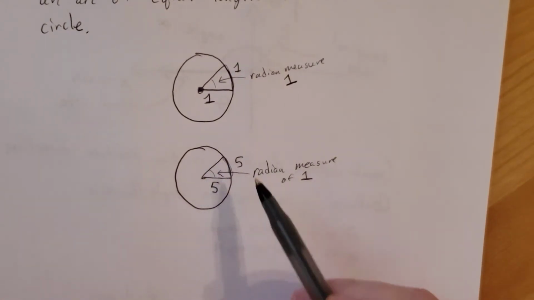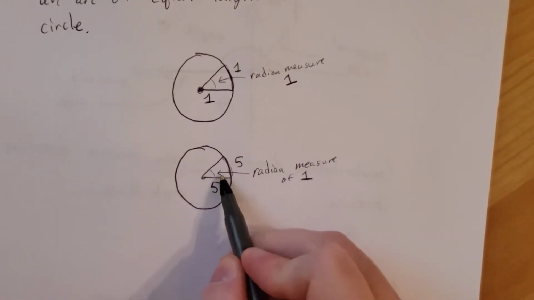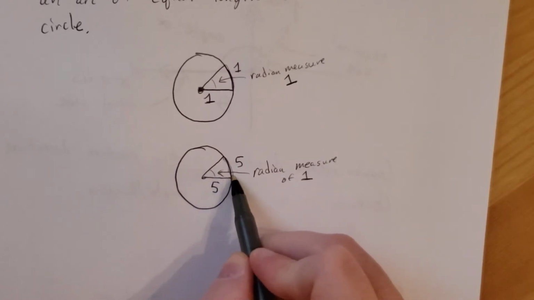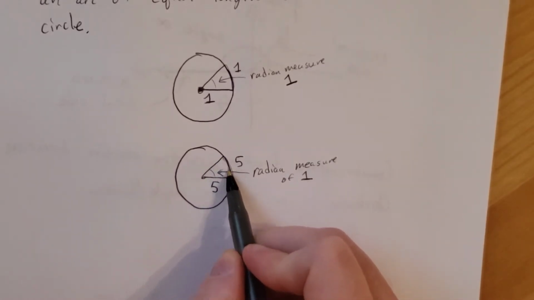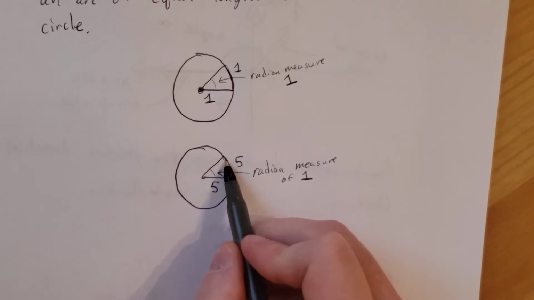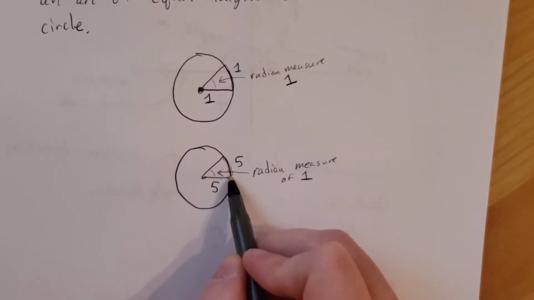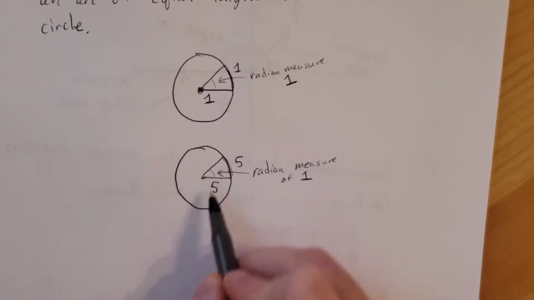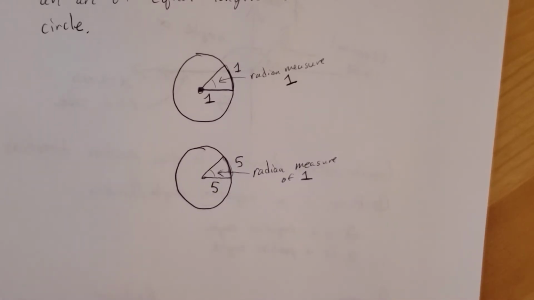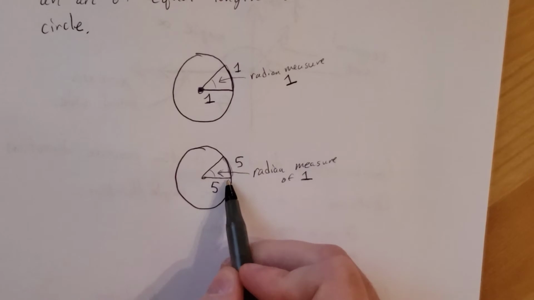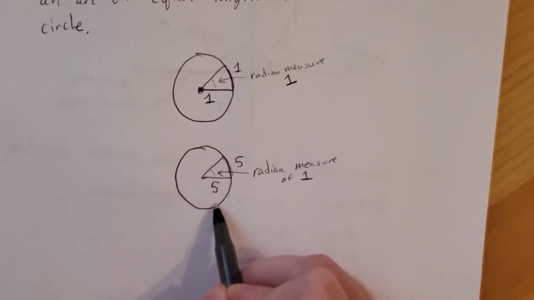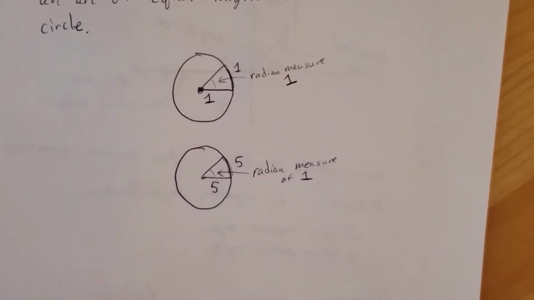So the radian measure of 1 occurs when the arc length intercepted by this angle is equal to the radius of the circle. And it turns out that there are 2 pi radians that go around the circle if we define 1 radian in this way.